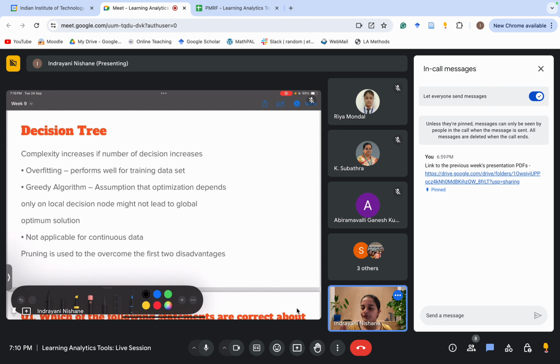For this particular chapter you will need a scientific calculator. If you don't own one, then for the final exam duration please borrow somebody's scientific calculator, because a question may come from this decision tree, the entropy and information gain.